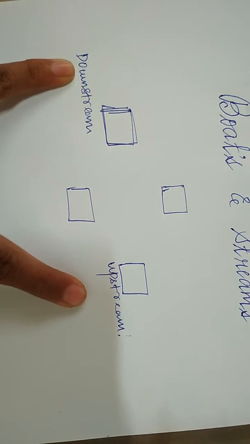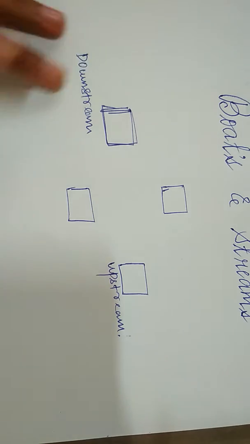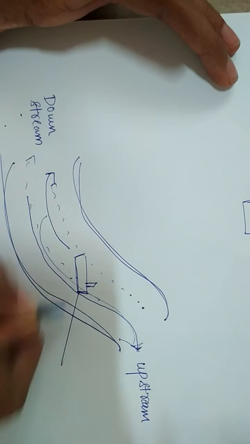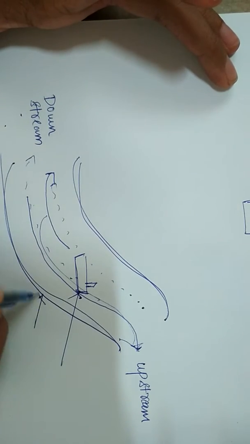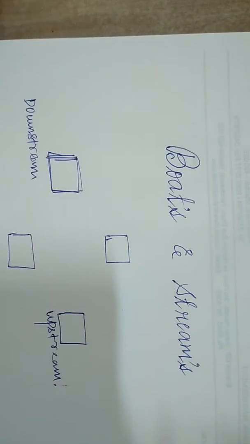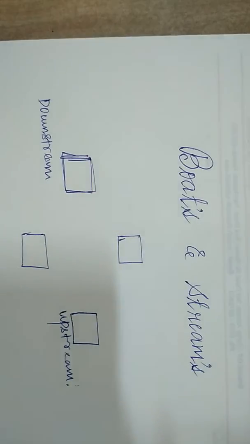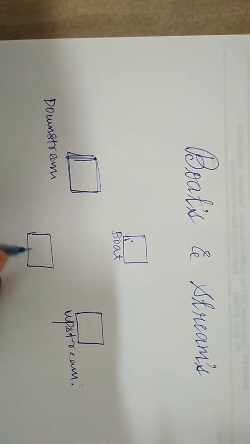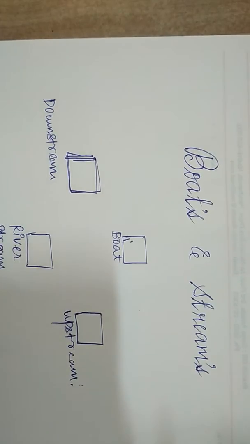Now, these downstream and upstream are due to the river, this one, and due to the boat. So 2 entities are still remaining, and for these 2 entities we have obviously 2 boxes. Here we have boat and here we have river, or we can say stream.